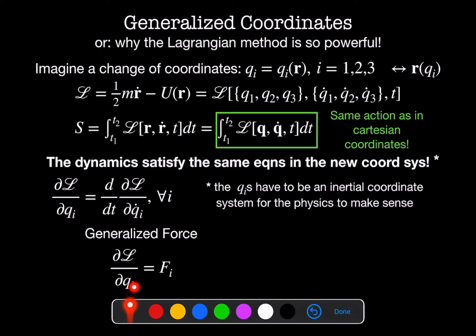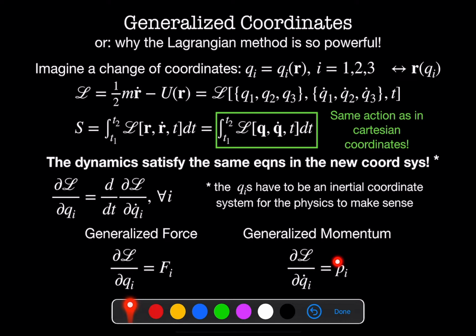So dL by dq_i gives us a generalized force and dL by dq_i dot is what's called the generalized momentum. So these may not have a strict physical interpretation the same as force and momentum in Cartesian coordinates are concerned, but these quantities are extremely useful in calculating different types of dynamics.